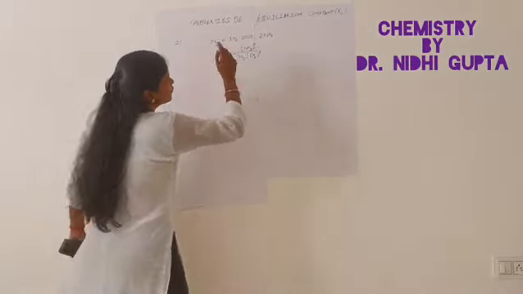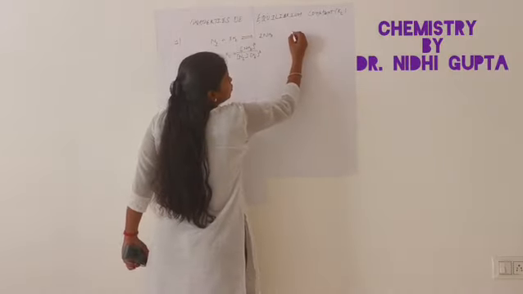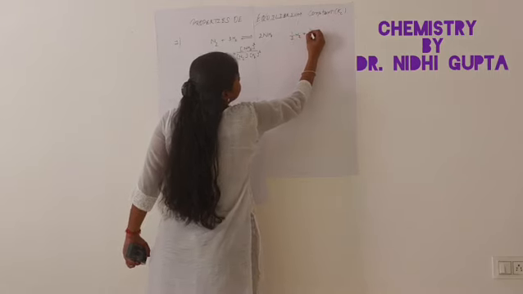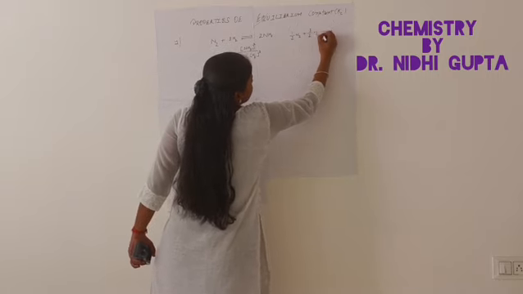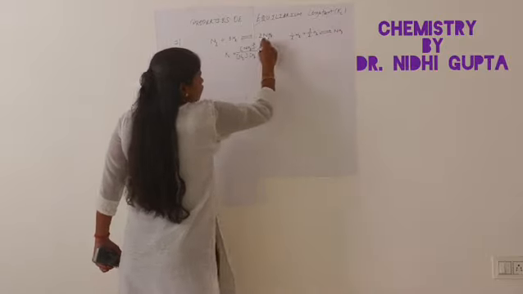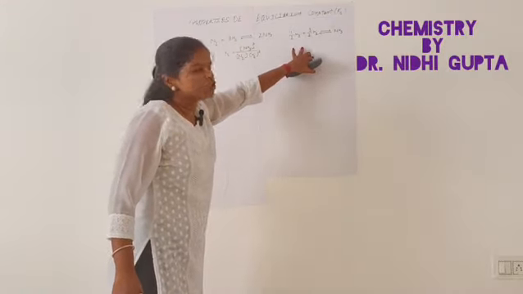So if we divide this whole reaction by a factor of 2, it will become like this. Okay, so this is for the formation of 2 moles of ammonia, and this is for the formation of 1 mole of ammonia.